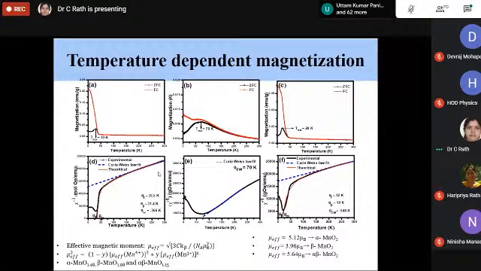The intra-sublattice interaction is stronger than the inter-sublattice interaction. That means ferromagnetic interaction dominates over here, so that we get a ferromagnetic-like behavior, weak ferromagnetic, not very strong ferromagnetic behavior, but it shows a ferromagnetic interaction over here.